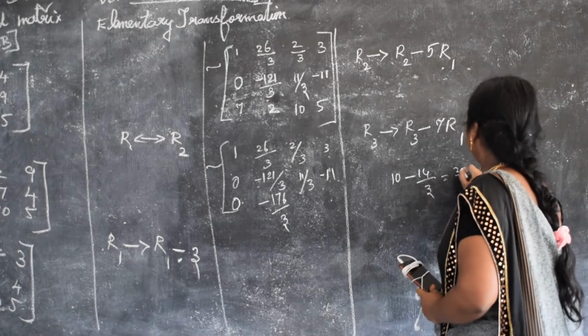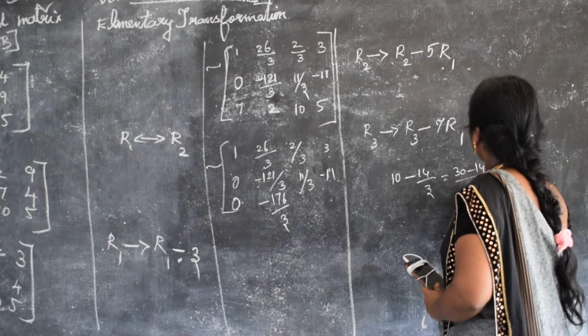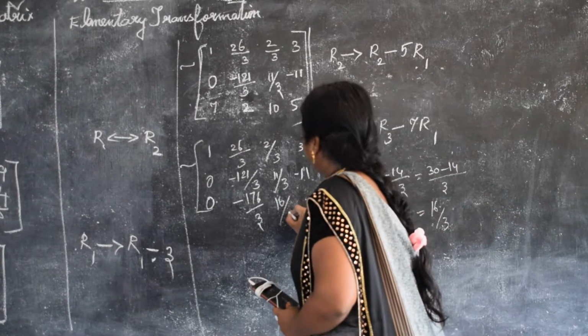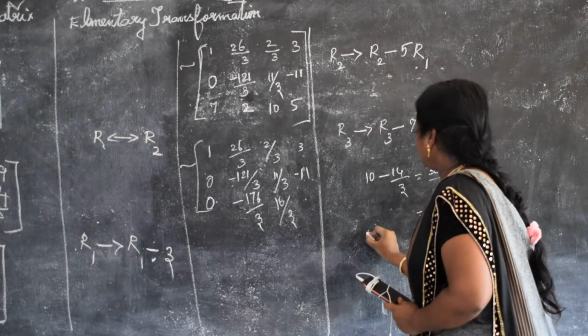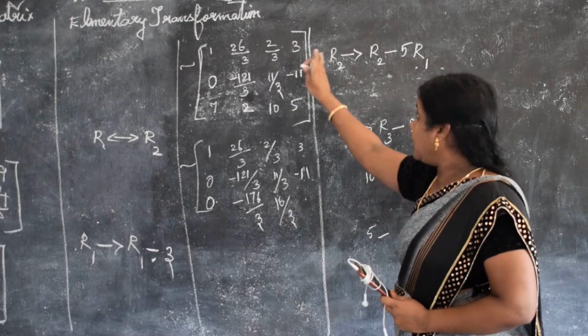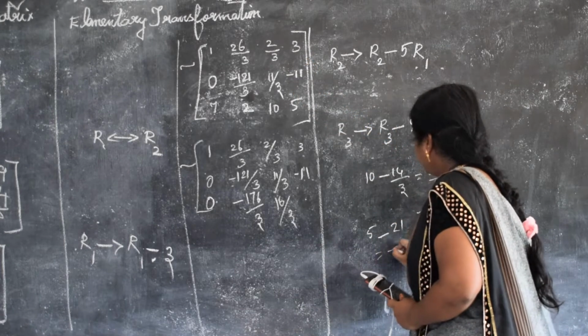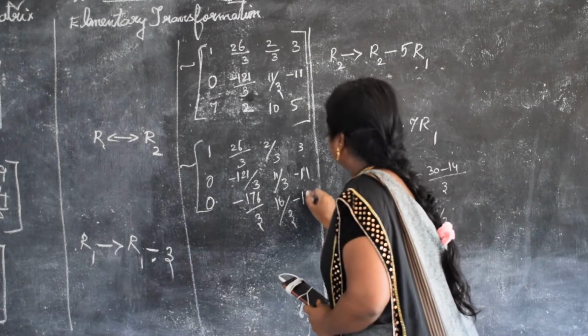Now you take LCM. Our answer is 16 by 3. Our last element is 5. So 5 minus, now we multiply with 7, 21. So minus 16.